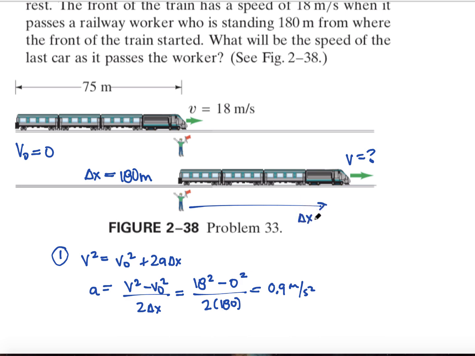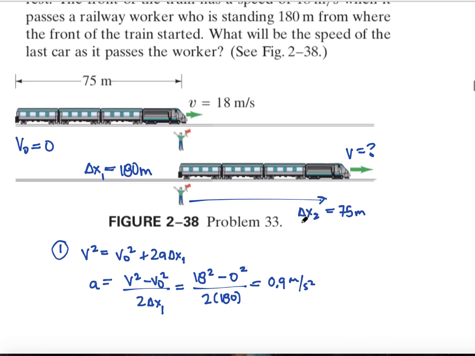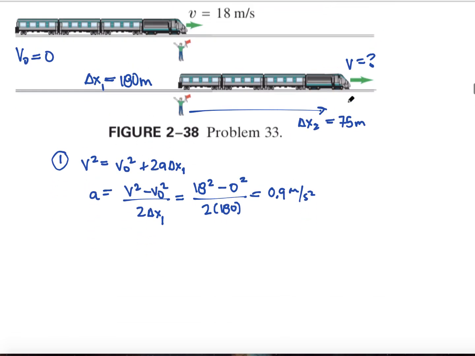So this is my second distance, so it's moved 75 more meters. I can even say this is delta x1. I want to say, all right, now how much faster is it going to be after it's traveled 75 more meters? I'm going to use the exact same equation because acceleration is the same.